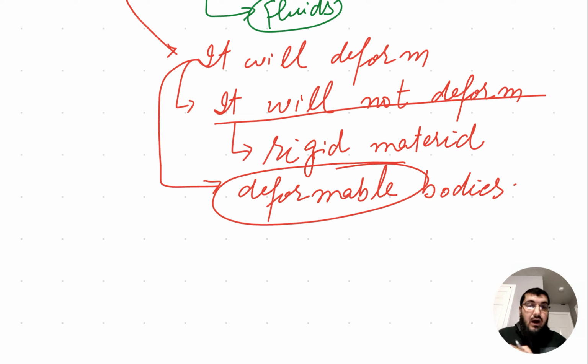Obviously, all fluids are deformable bodies. How a fluid can deform, I will explain maybe in later videos, but you can imagine easily in terms of solids. When you apply a compressive force over a solid material, whether it can sustain or it can deform.